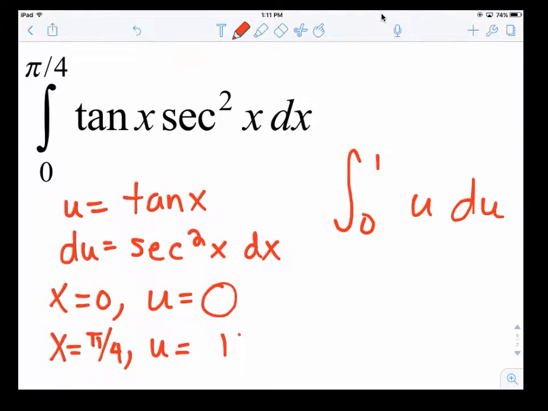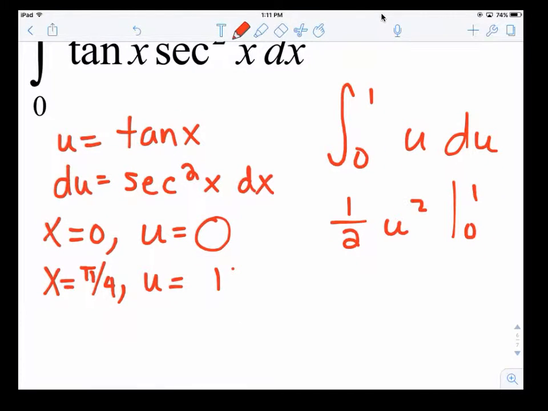All right? That's a lot easier to work with. So my antiderivative would be 1/2 u squared going from 0 to 1.